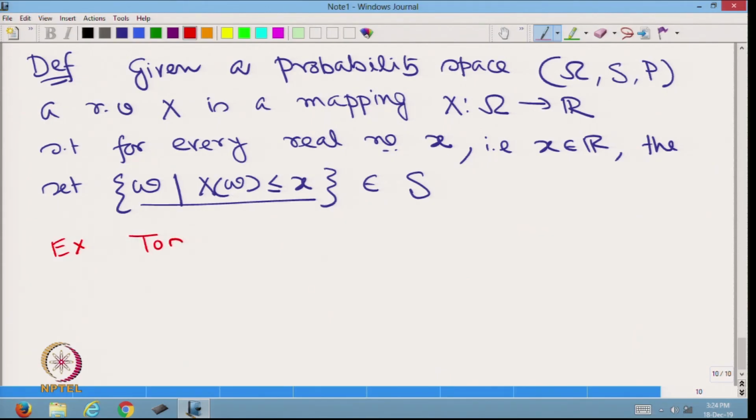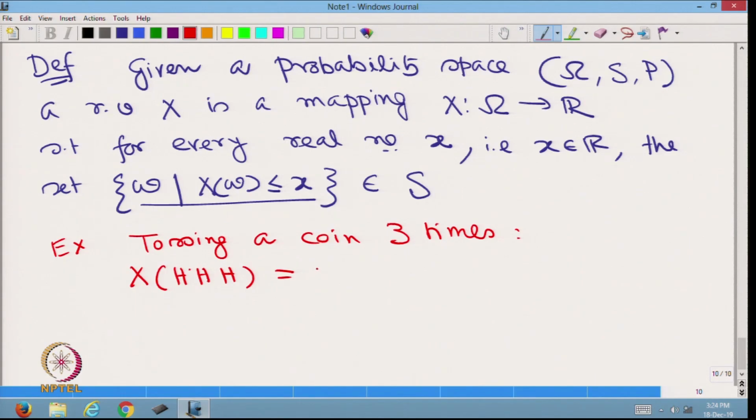For example, tossing a coin 3 times, we have just seen the omega, and we can write something like this: X of HHH is equal to 3, because it corresponds to 3 heads.